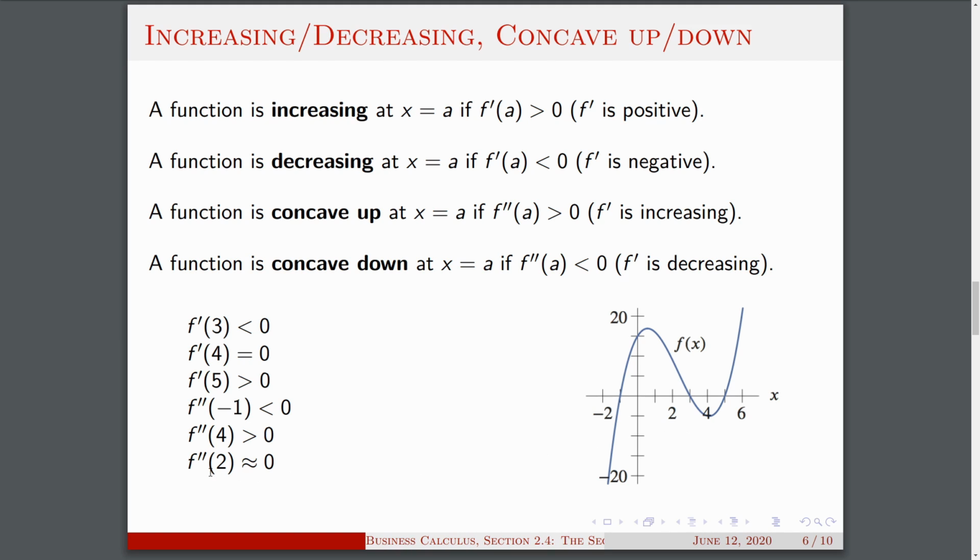And I said that f double prime of 2 is about 0. So let's see. That means x is 2, so I'm talking about this point here. What would it mean for it to be 0? That means that it's neither concave up nor concave down. And this is where you're going to find your inflection points for the function.